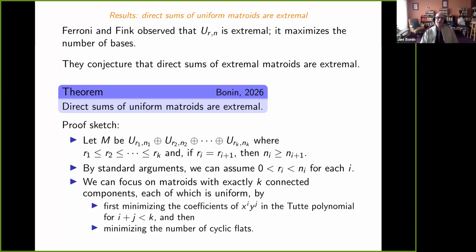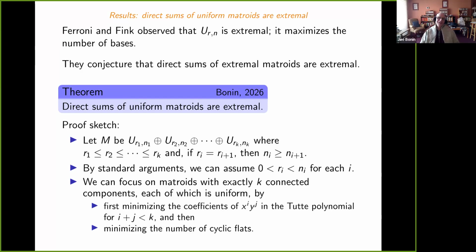I can prove two results about direct sums, and this is one of them. Direct sums of uniform matroids are extremal. Now, it takes a modest amount of work for this result, and a lot more work for the other result that I'll describe a little bit in a moment. Yeah, their conjecture is likely to be very hard.